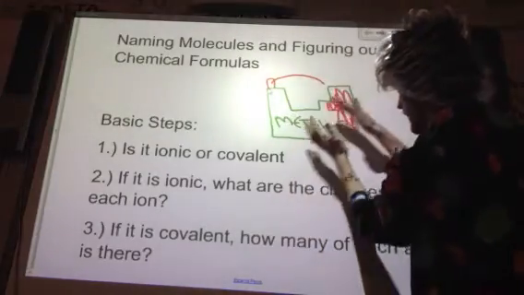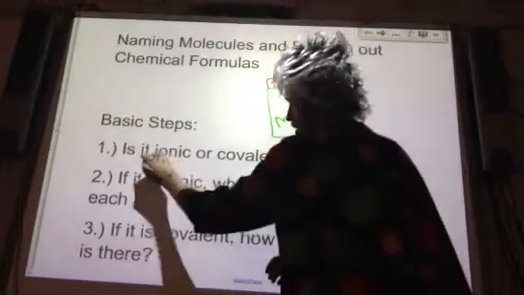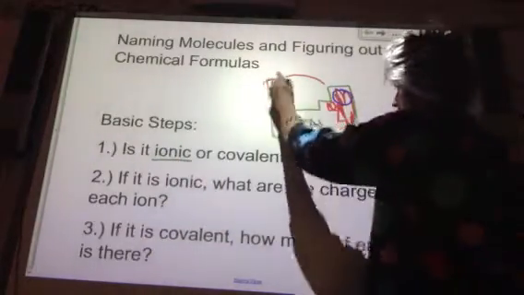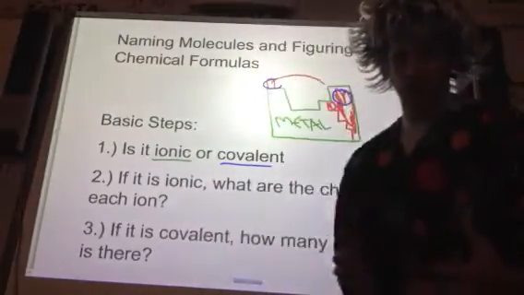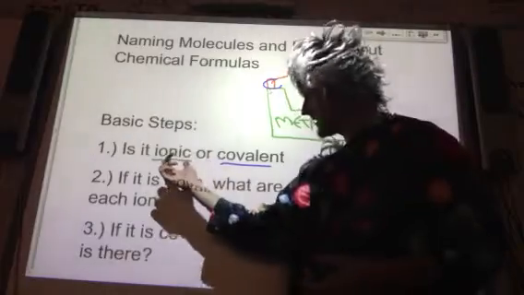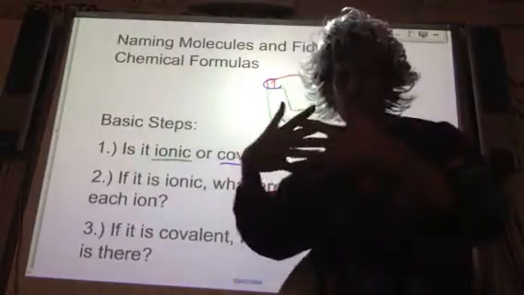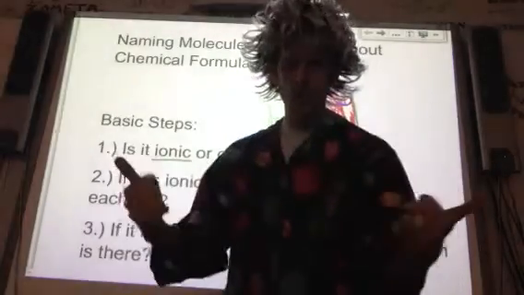If you bond a metal and a non-metal together, you have an ionic bond. Two non-metals or more makes a covalent bond. Okay, we already talked about this: ionic is stealing electrons and covalent is sharing electrons. Sharing, caring. We're all good, right?